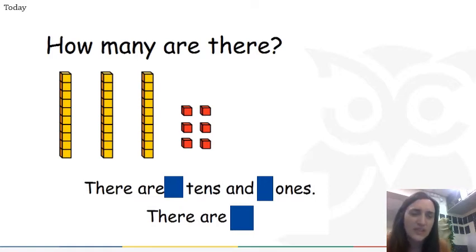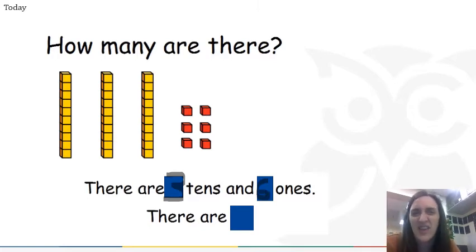Brilliant. This is 1 ten. The yellow ones are tens, aren't they? Because there are 10 cubes stacked up together. 1, 2, 3. So there are 3 tens. And the red ones are just ones. How many ones? 6 ones.